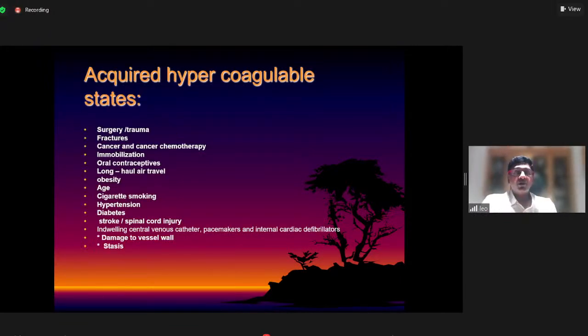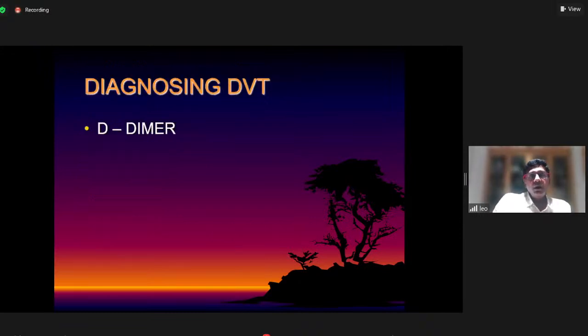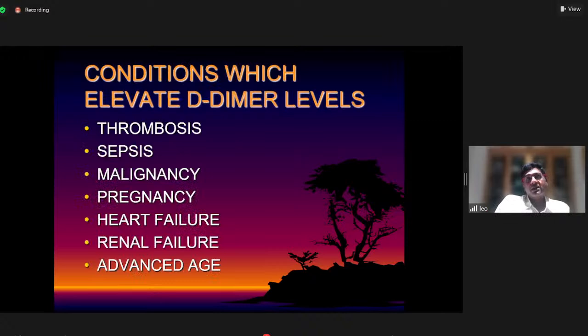Now, how do we diagnose deep vein thrombosis? D-dimer was once upon a time said to be an extremely important modality of checking for the presence of deep vein thrombosis. But the problem with using D-dimer alone is that there are a host of other conditions which can increase the levels of D-dimer.